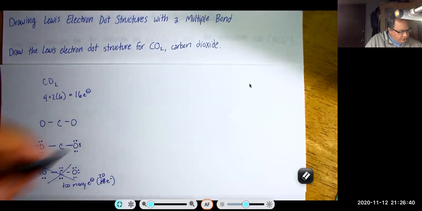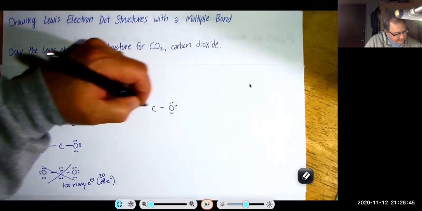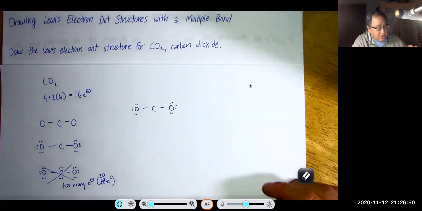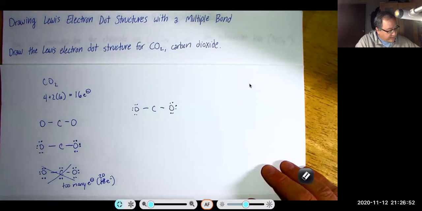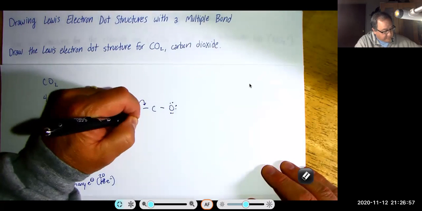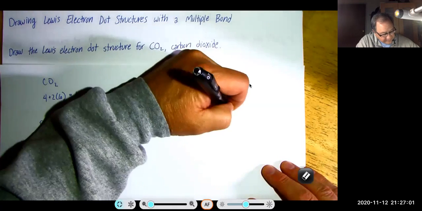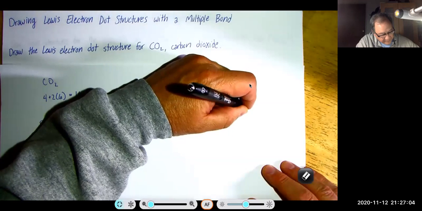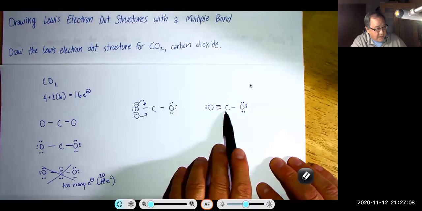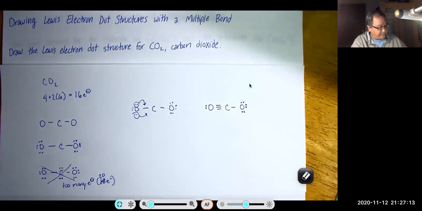So now what do we do when we have this and we don't have an octet on carbon? Well, there are 3 things we can try. We can take a lone pair here and make a bond, a lone pair here and make a bond, and we get this. Do you see how we get an octet on this oxygen, octet on carbon, and an octet on this oxygen, and we still only use 16 electrons?